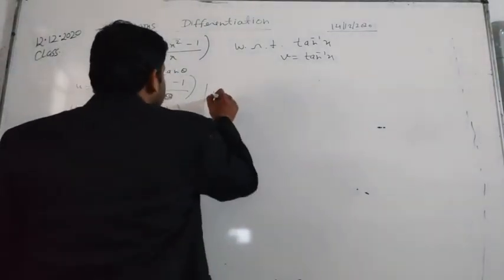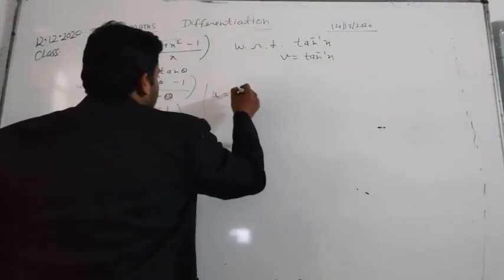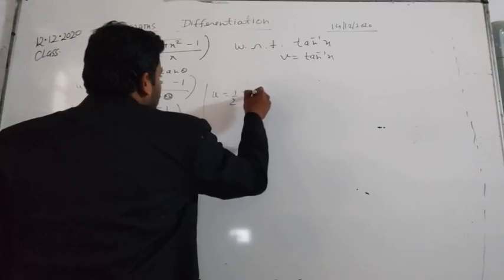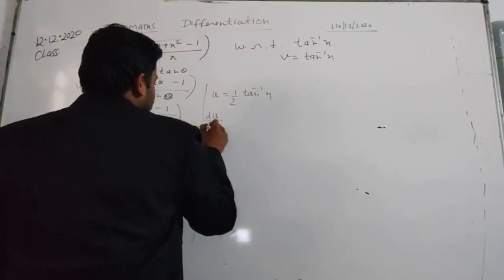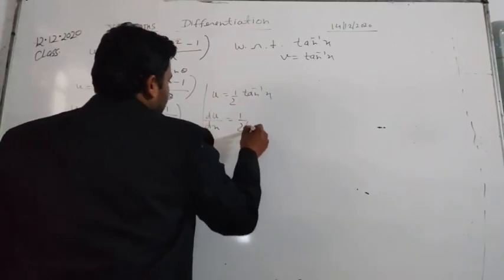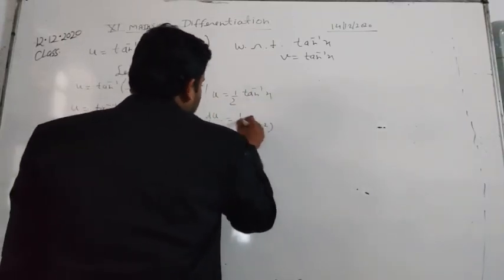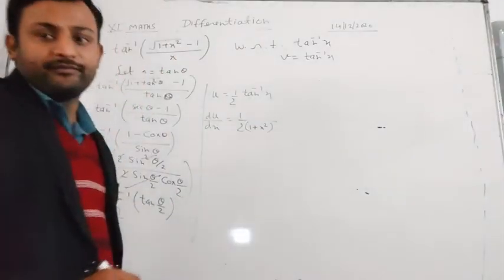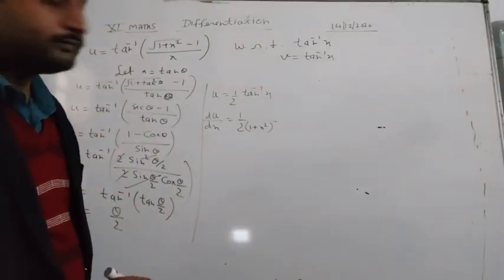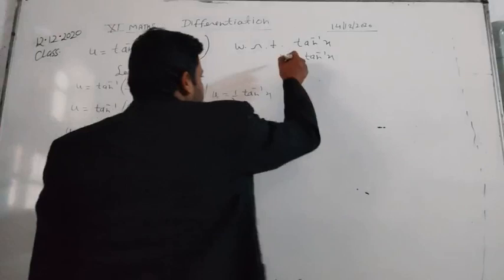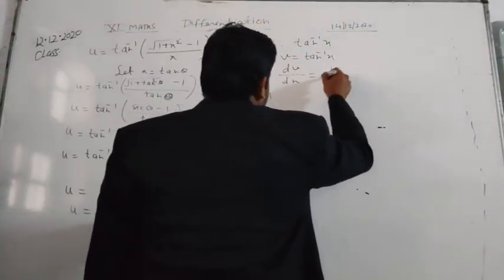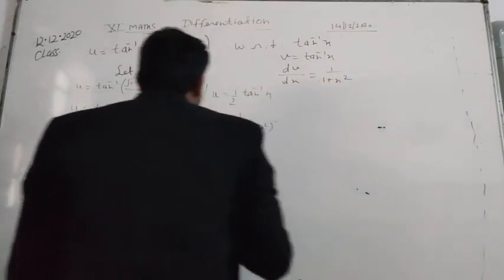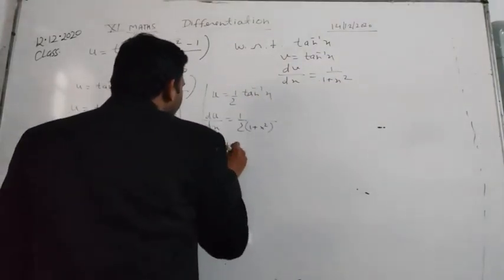Now our theta will be what? 1 by 2 tan inverse x. So du by dx will be what? 1 by 2 into 1 plus x square. Students, this will be our first term. Now we will differentiate this term. dv by dx will be 1 by 1 plus x square.